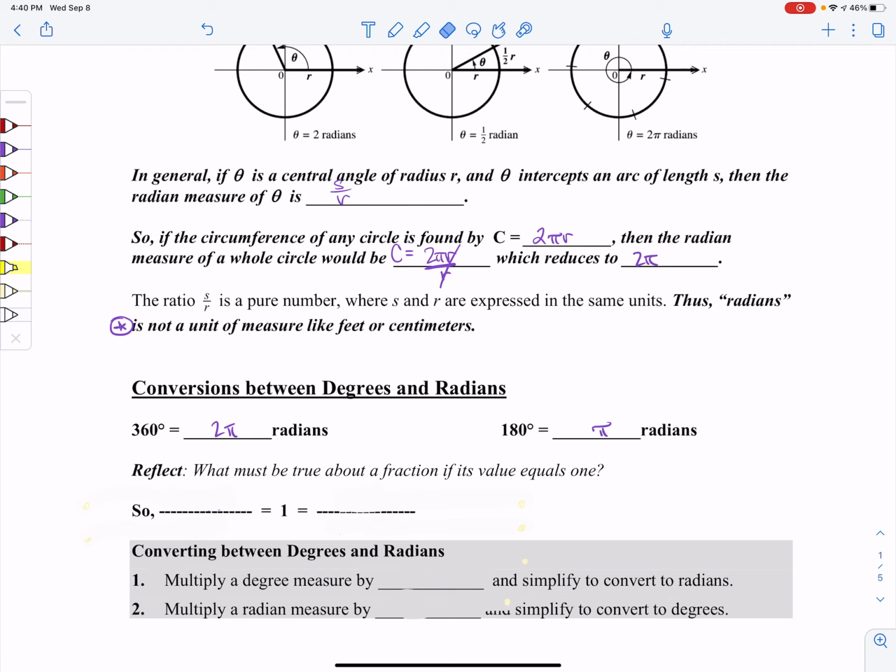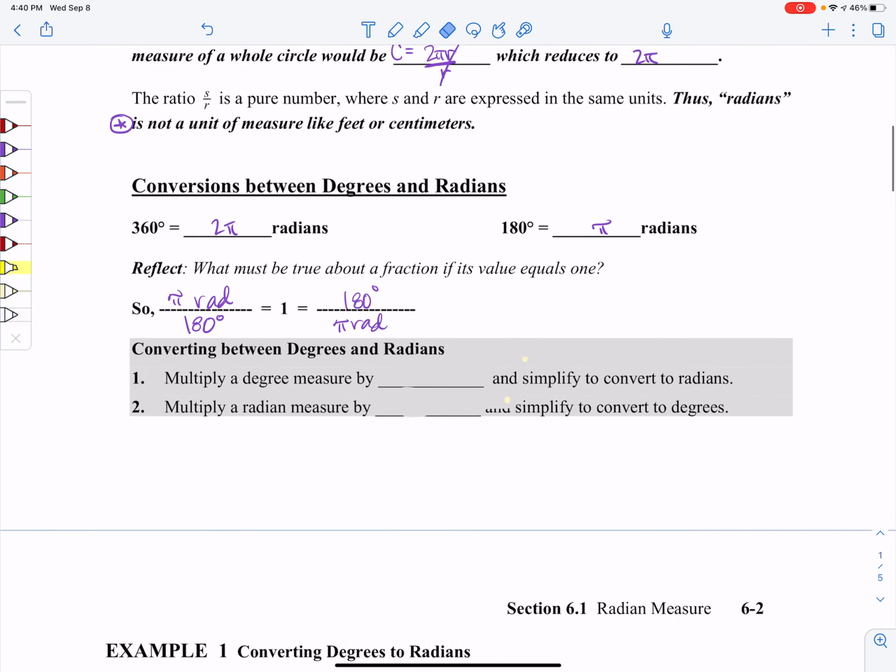So we can set up 2 fractions that are equal to 1. One is 180 degrees divided by pi radians, since the top and the bottom are equal to each other, this fraction is equal to 1. Not only that, I can reverse the order and say pi radians over 180 degrees is equal to 1.